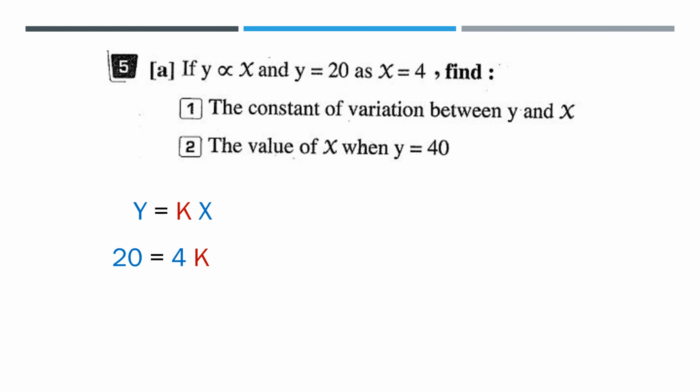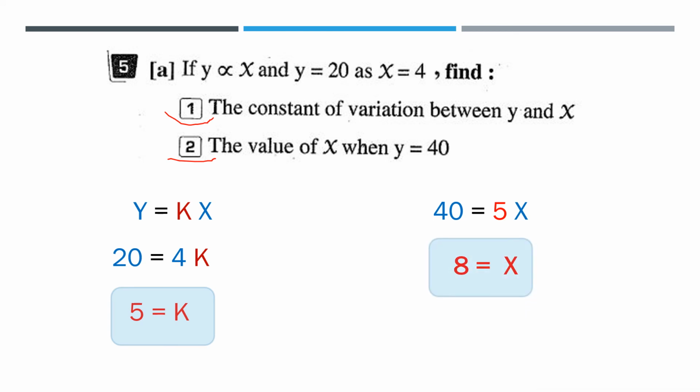When we divide both the sides by 4, k equals 5. That was question number 1, we got the k. Let's see question number 2: the value of x when y equals 40. We write the rule: 40 equals 5 times x. Divide by 5 both the sides, then x equals 8.